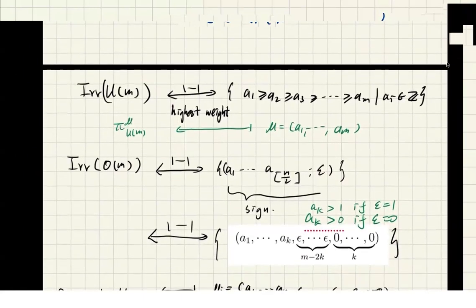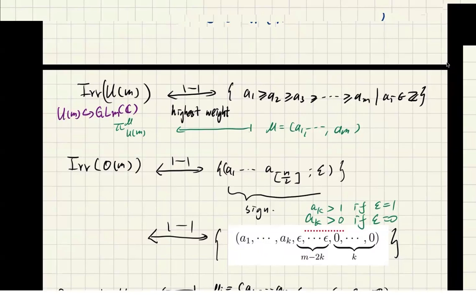So for U(m), its complexification is GL_m. U(m) is sitting as a subgroup of GL_m(C). You consider the algebraic representation of GL_m(C) basically.